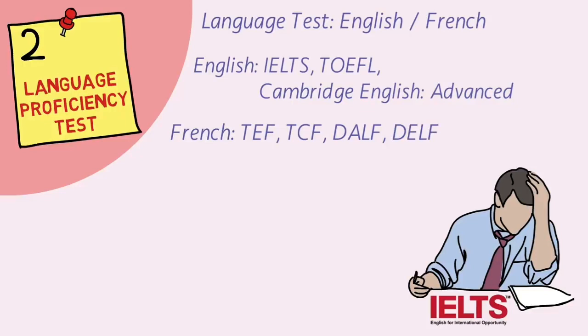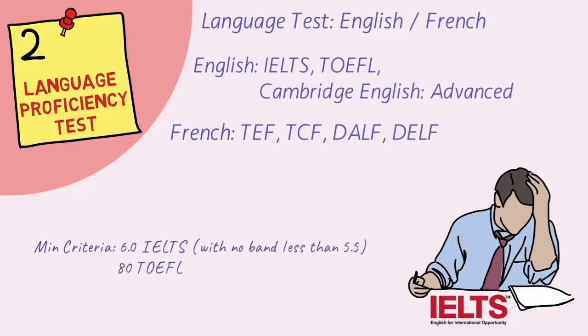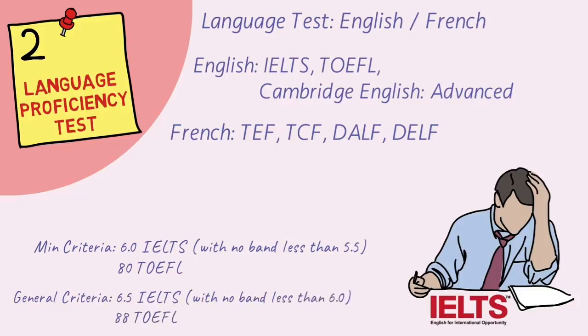Now, talking of the criteria, you would see that most of the colleges and the universities ask for a minimum of 6 bands in IELTS with no band less than 5.5, and a TOEFL score of around 80. The general criteria is 6.5 in IELTS with no band less than 6.0. Similarly, 88 in TOEFL.